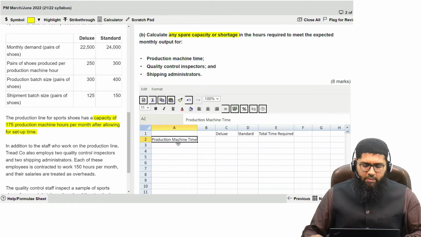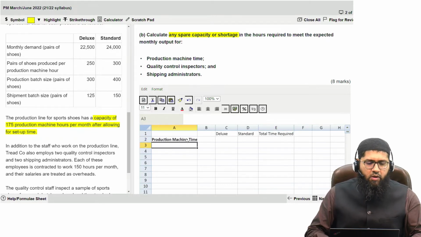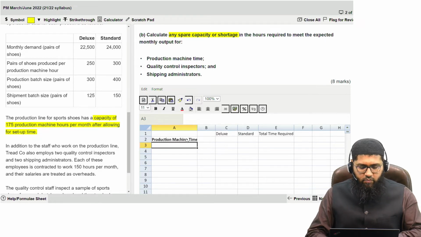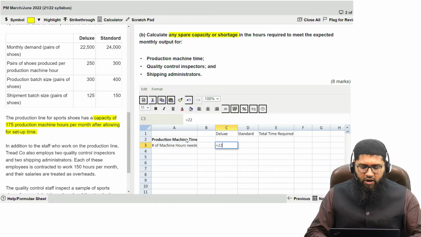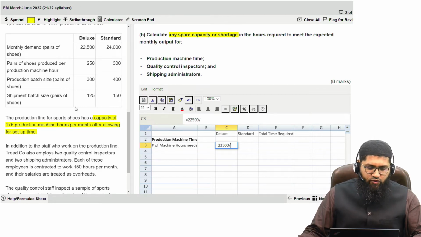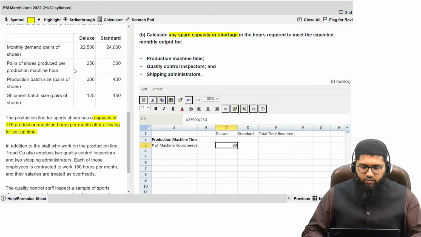Now, what do we need to do about this production machine time? We need to find the number of machine hours needed. How would we calculate it? We would say 22,500 divided by the pairs of shoes produced per machine hour, 250, gives 90 machine hours needed.